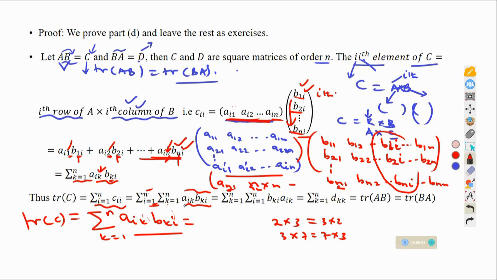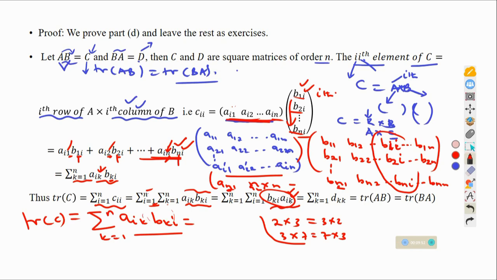Then, the same way we have said that 2 times 3 is the same as 3 times 2, if I have a ik times b ki, I can still write b ki times a ik. But what is this value here?